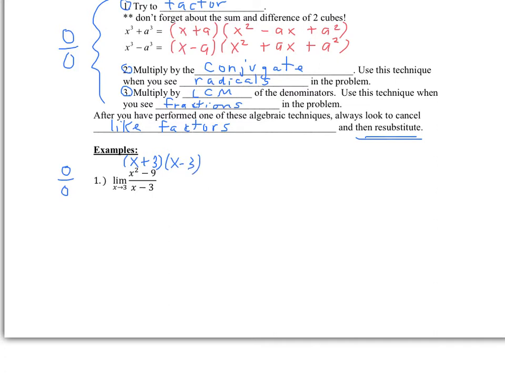Well, notice that we have common factors of x minus 3. They will cancel out. After they cancel, we're left with x plus 3. So we said that back up here, once we've canceled our like factors, you want to then resubstitute. So I'm going to substitute in 3 into this remaining x here and get my final limit, my final answer of 6.